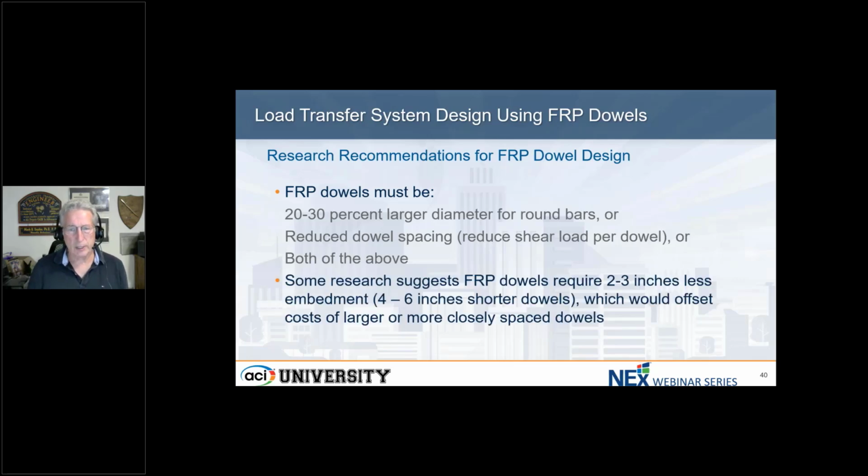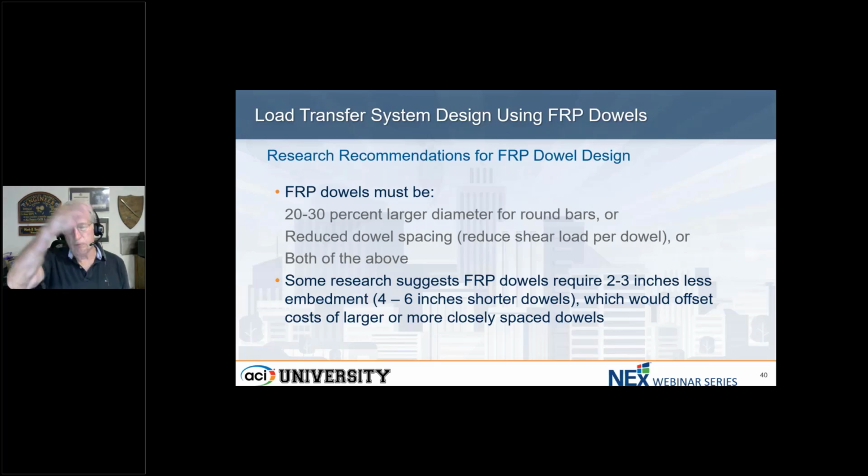There's been some research done relatively recently in West Virginia by Vigier and company that suggests that FRP dowels don't have to be as long as steel bars. They can be 4 to 6 inches shorter, and that would offset the cost of larger or more closely spaced bars if you went that way. The reason they can be shorter is because the bar is more flexible.